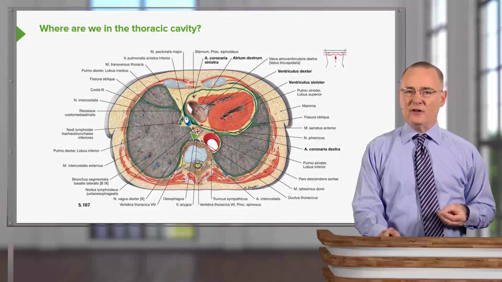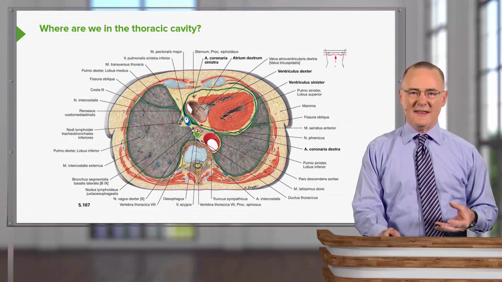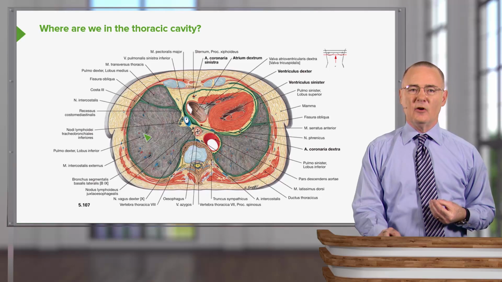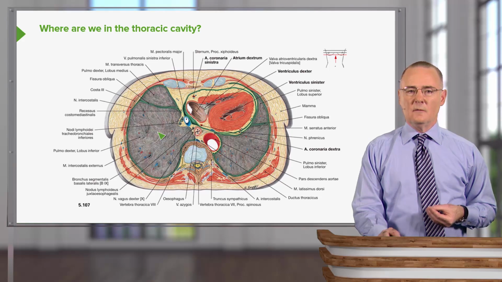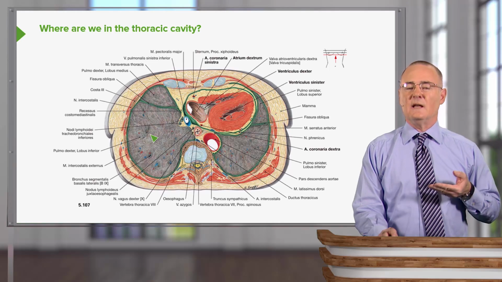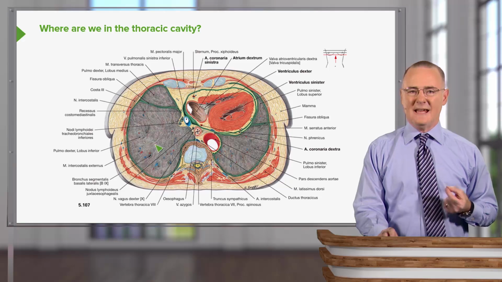Since we are posterior to the heart, this is the esophagus within the posterior mediastinum. If we take a look over here, where are we within the thoracic cavity? Left side of the image, but again, we're viewing this as if we're standing at the feet of a patient looking up toward their head. So this would be the right pleural cavity.